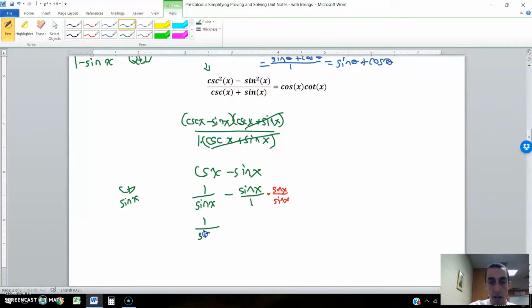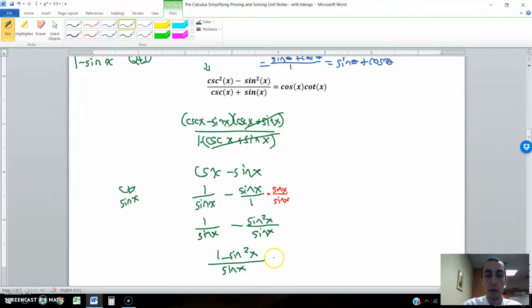First one stays the same. Second becomes sine squared of x on top, sine of x on the bottom. Now that we have common denominators, we can subtract our two fractions. 1 minus sine squared of x, all over the sine of x.